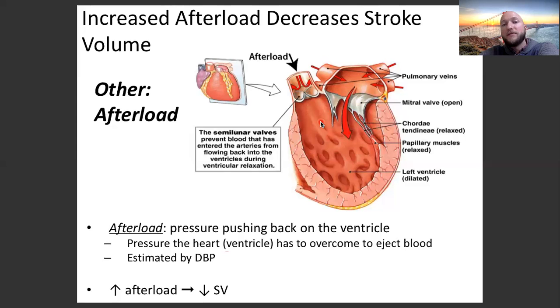No blood leaves the left ventricle until it gets up to 120 pressure. That's afterload. It's the pressure pushing back on the ventricle, the pressure that the ventricle has to overcome in order to push blood out into the corresponding artery. If you increase afterload, you decrease stroke volume.